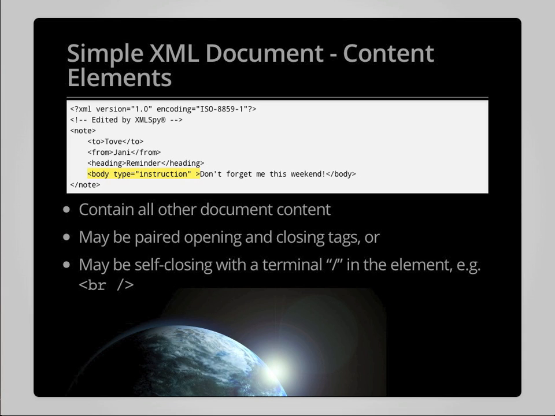But basically, the element is defined by the name, and then any additional content that is separated from the name by one or more spaces. So this is still a body element, though it has additional information inside of it. And as a result, it has a corresponding slash body closing element on this side. So each of these is a content element as a part of the XML document.